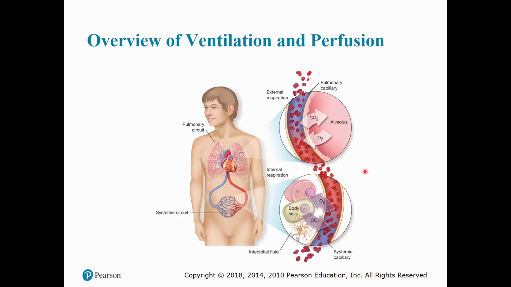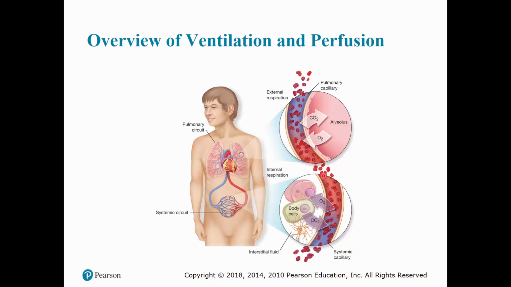So when you take a breath, you have your external air coming in. You have CO2 crossing that membrane into the alveoli, and O2 coming across to get into the bloodstream to then be flowed through.